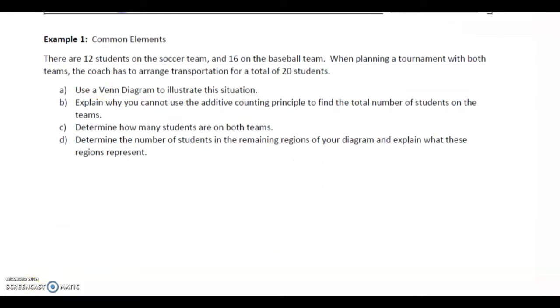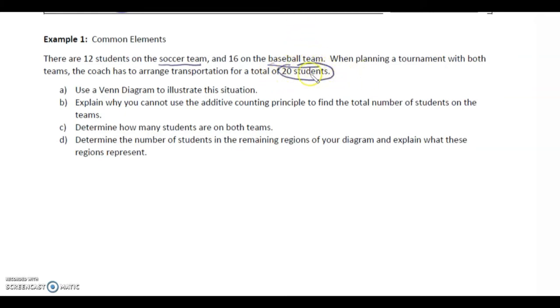Okay, so let's do an example. There are 12 students on a soccer team, 16 on a baseball team. So we're talking about 2 teams here, soccer and baseball. When planning a tournament with both teams, the coach has to arrange transportation for a total of 20 students.